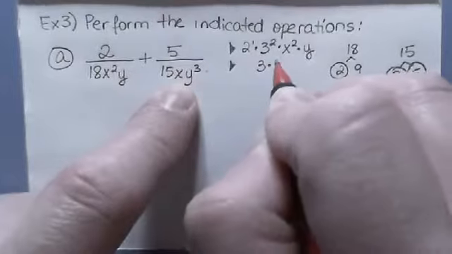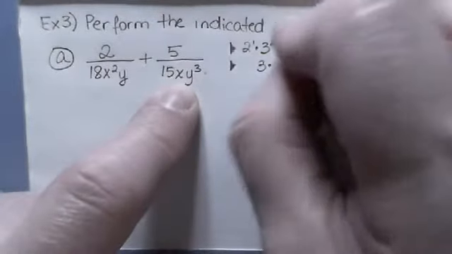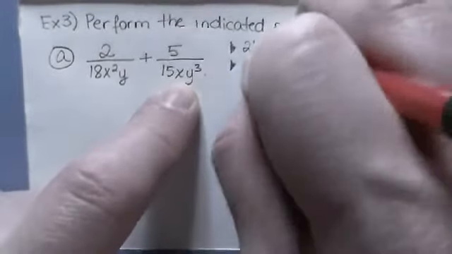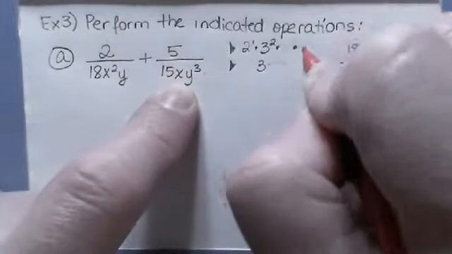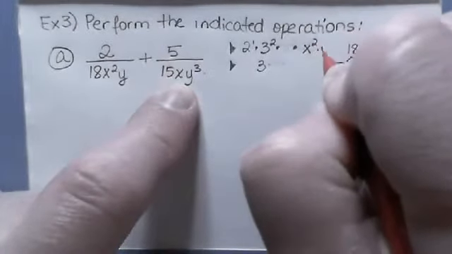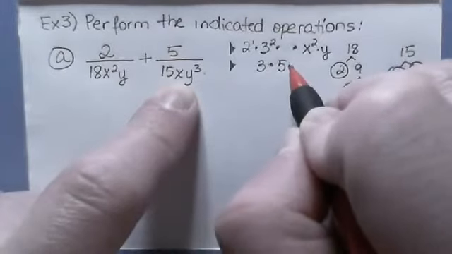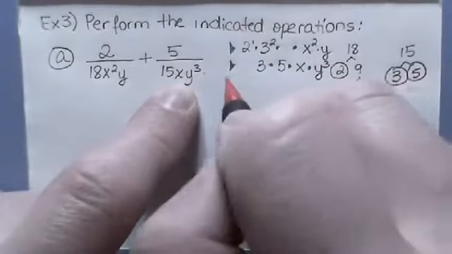It has a 5, so I don't have a 5 on the top, so I have x squared times y, but on the bottom I have a 5, I have an x, and I have y to the third.